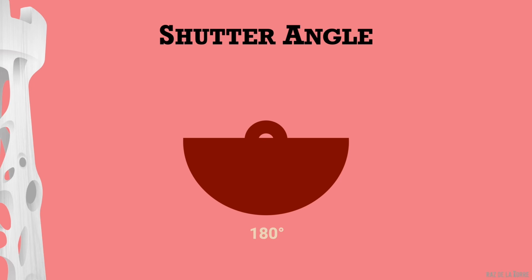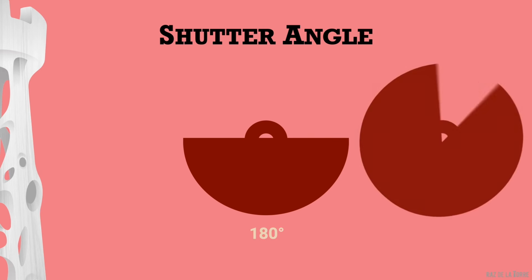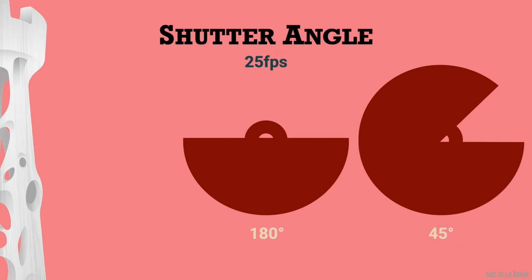Let's look at the other shutter angles. You've learned that exposure time per frame depends on the frame rate, like 25 frames per second or 25 rotations per second, and the fraction of the disc that's open, shutter angle. For a 45-degree shutter at 25 frames per second, 45 degrees is 1/8 of a full rotation, and the exposure time is 1/200th of a second.